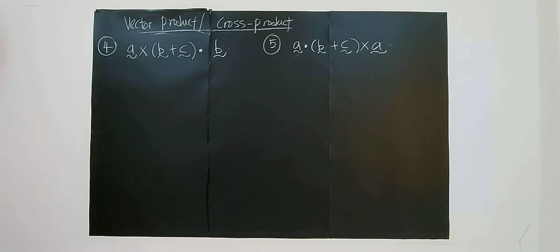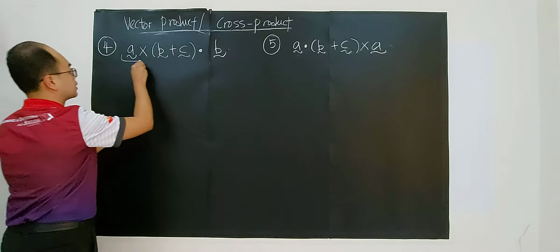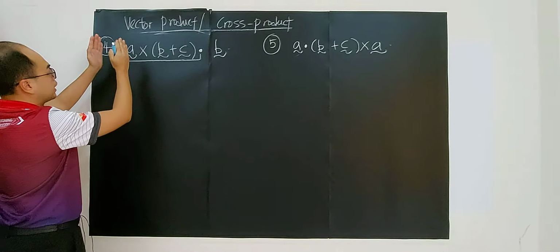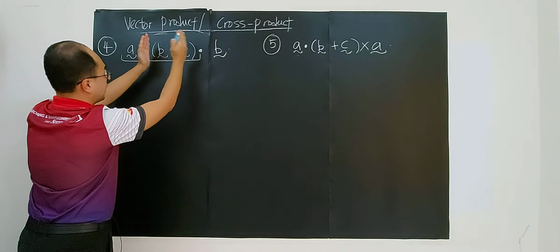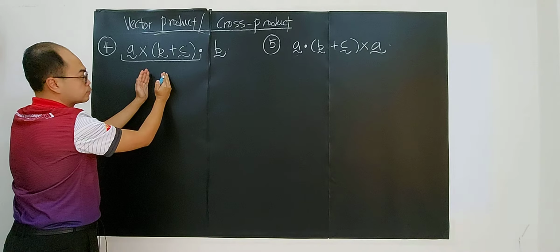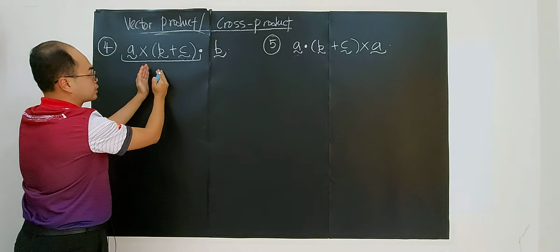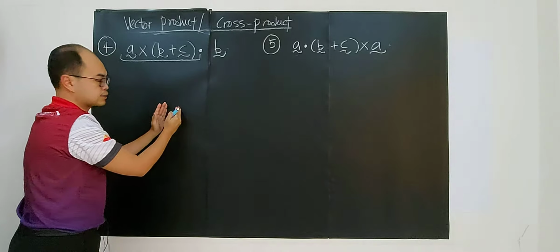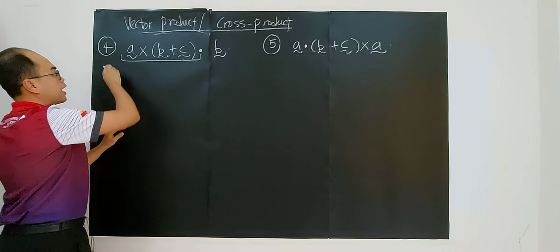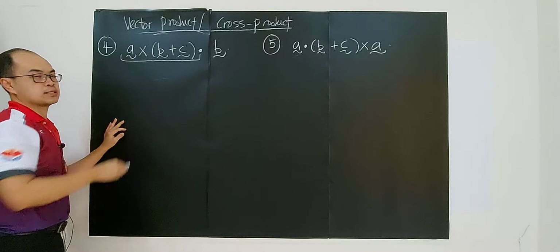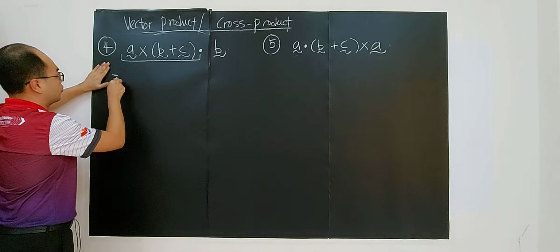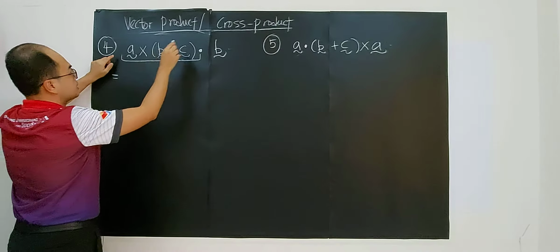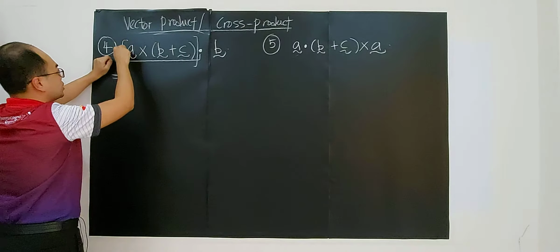So what we're going to do is the front one first, right? Because a vector cross with a vector produces a vector, and this vector dot with another vector gives a scalar. So the whole thing here is supposed to produce a scalar quantity, alright? So first I'm going to do this.